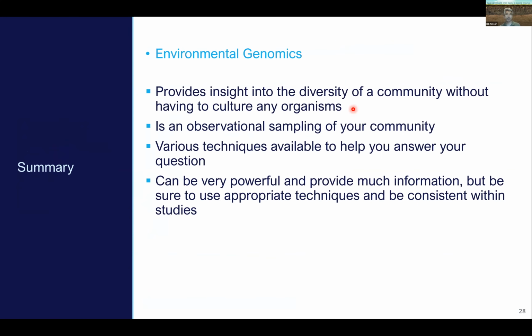Okay. So to summarize what we've talked about in the last 40 minutes or so, environmental genomics is a powerful technique to provide insight into the diversity of a community without having to culture your organisms. It's an observational sampling of your community. Various techniques are available to help you answer your question, and it can be very powerful and provide, in some cases, too much data.